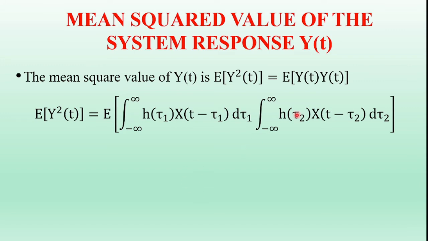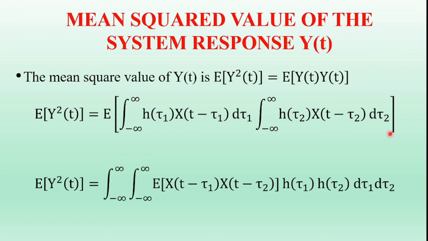So the first y of t is written using the convolution integral as the integral of h of tau 1 into x of t minus tau 1 d tau 1. Similarly, the second y of t is written as the integral of h of tau 2 into x of t minus tau 2 d tau 2.